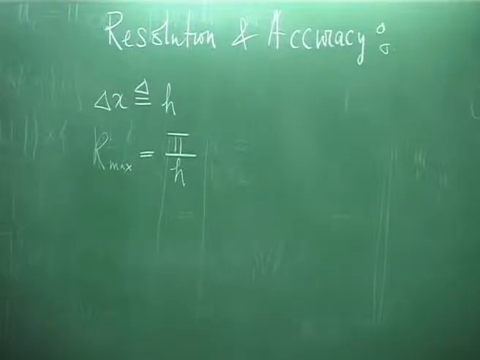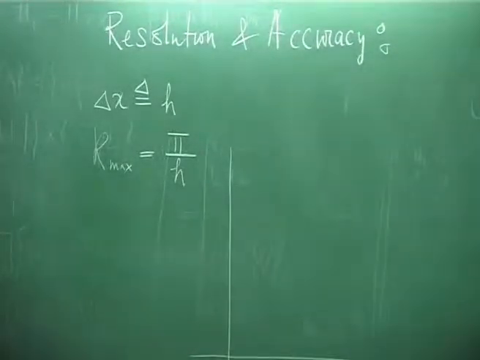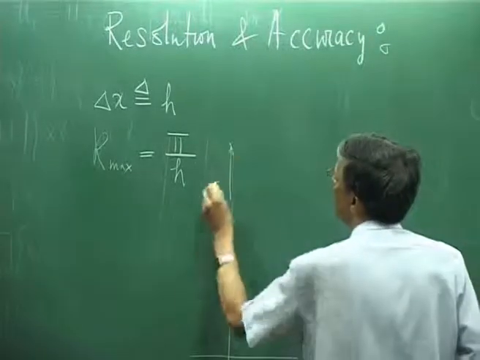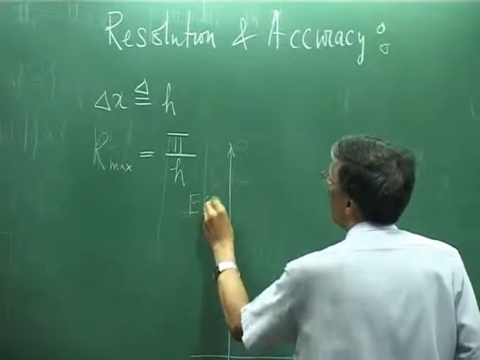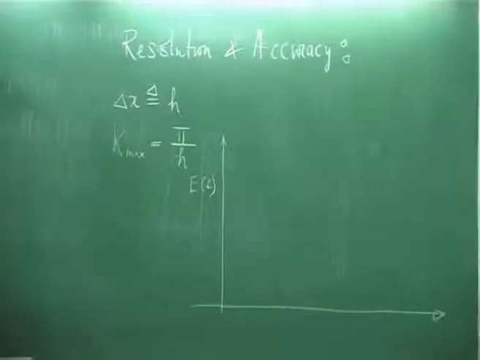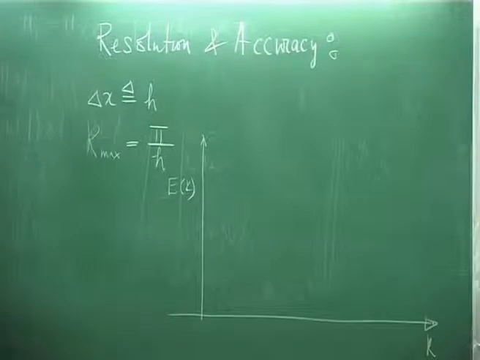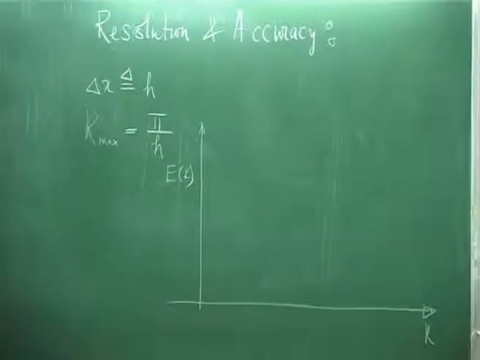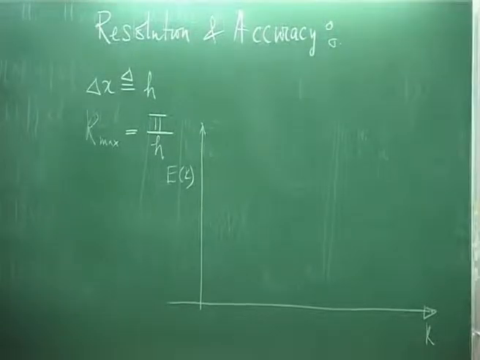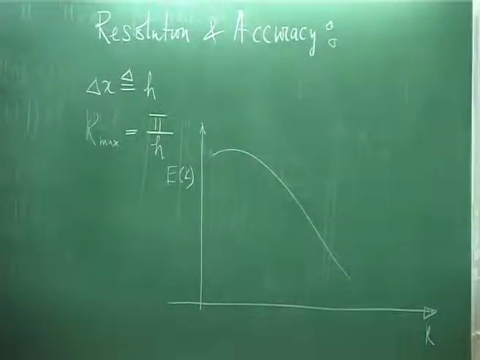So, what actually happens in real life? Let us say I am looking at some simple problem, a flow of water in a pipe that we are all familiar with, right. So, if I try to find out how the energy is a function of wave number in that flow inside a pipe, what you find, the spectrum looks like this.